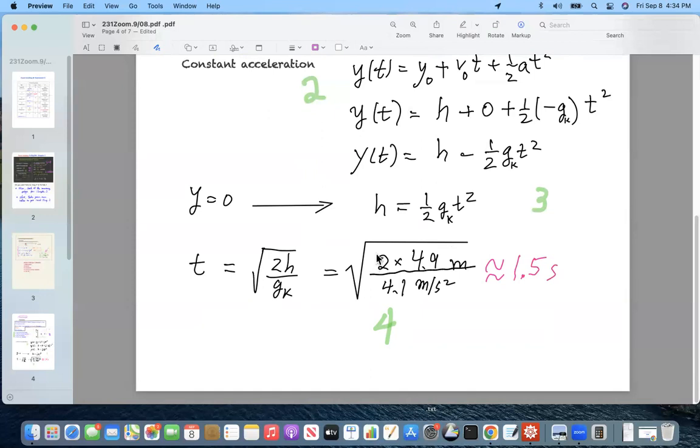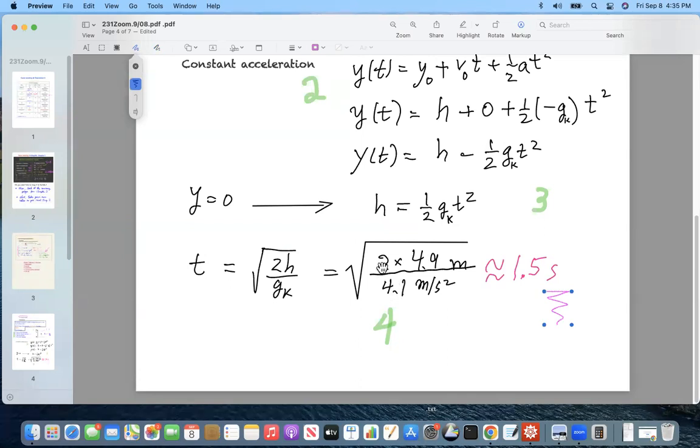I'm going to take the square root. The square root of second squared is seconds. So the unit is seconds, which of course I should expect because this is a time. And now what about the number? Well, I have here 2 times 4.9 divided by 4.1.